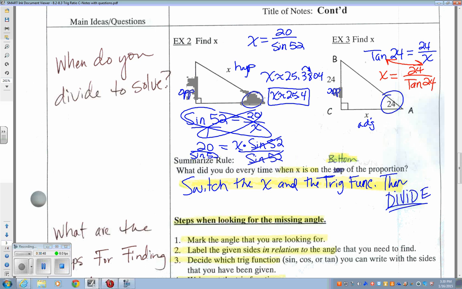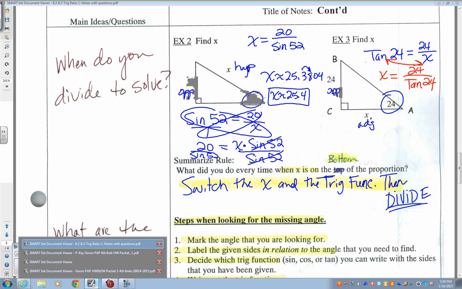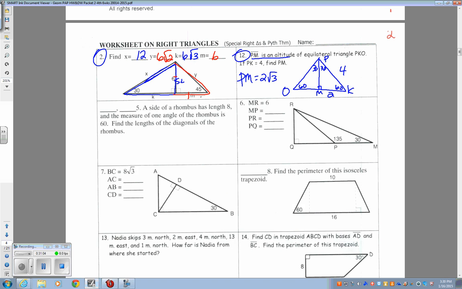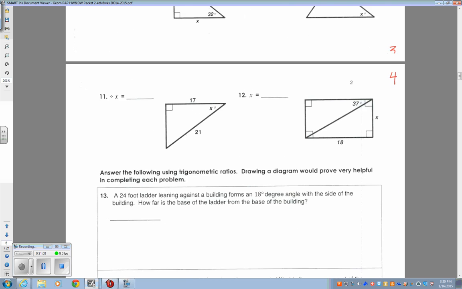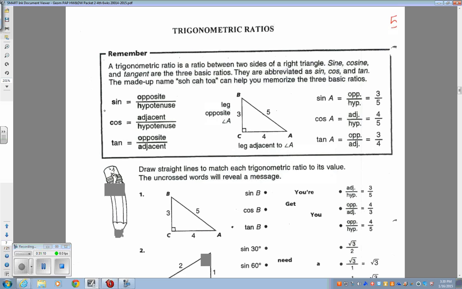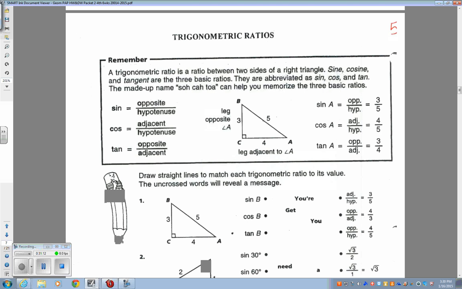All right. Now, I need you to go to your homework packet because I want to show you what your first homework check is and what it's going to entail. It's going to be over these notes. In class when we come back, go to page 5, trig ratios.